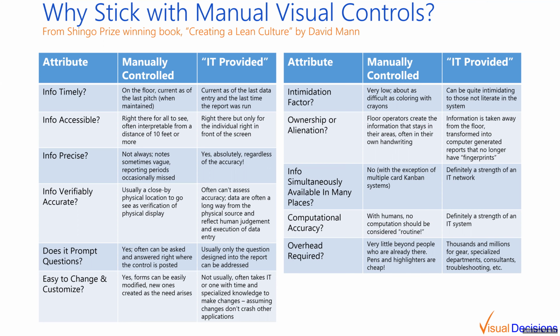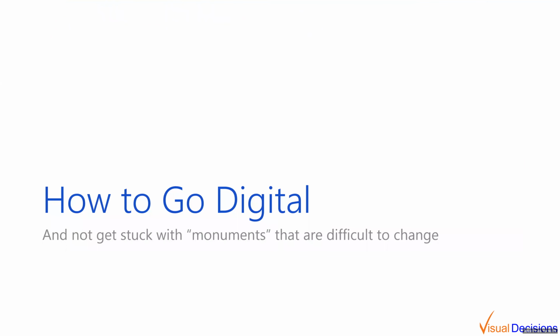So let's go through these points one at a time. As we go, we'll focus on how to go digital with these things and how not to get stuck with monuments that are difficult to change, because that was the other key point he made: when you create these systems, in order to change that reporting, you need somebody from IT, and that can be a 6-month process to get them to change a report coming off of the ERP system and so forth.